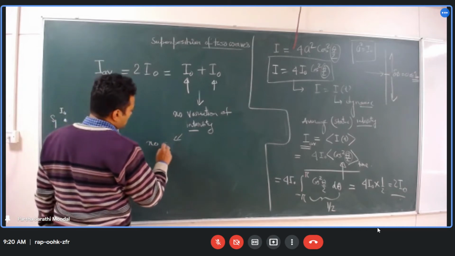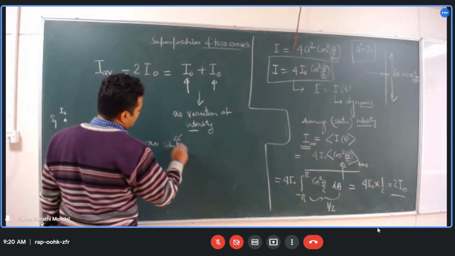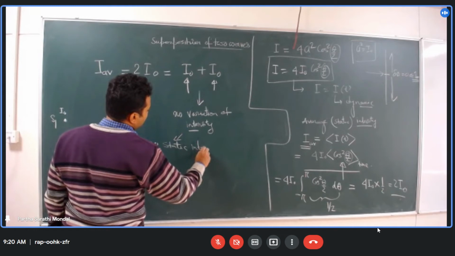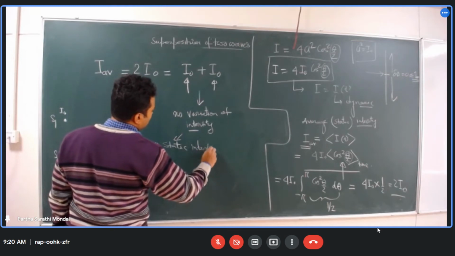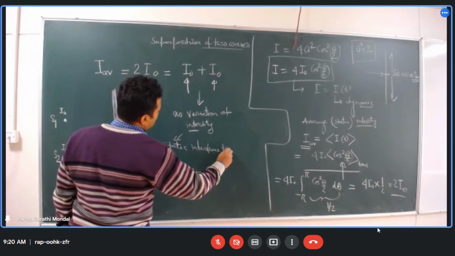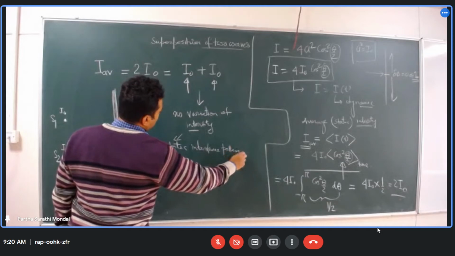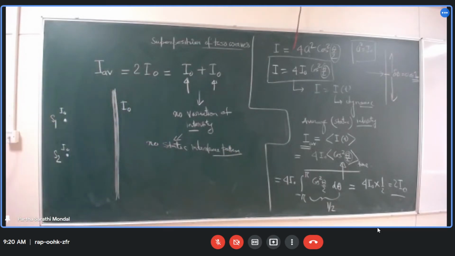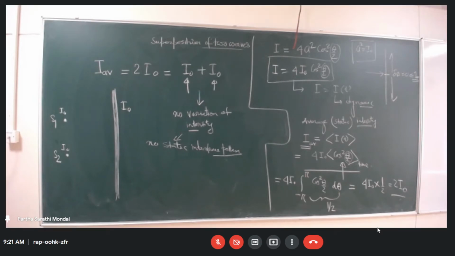No static interference. Is it understood? Hello? So S1 is equal to I naught and S2 is equal to I naught, then there is no static interference.